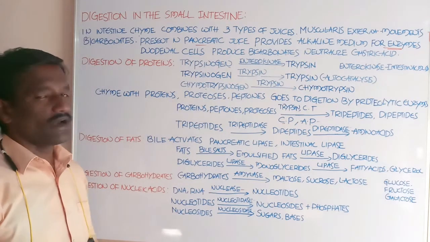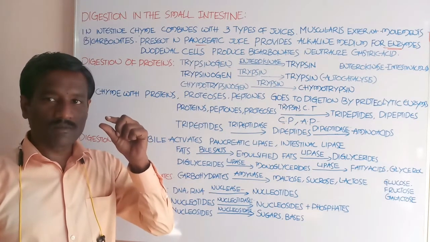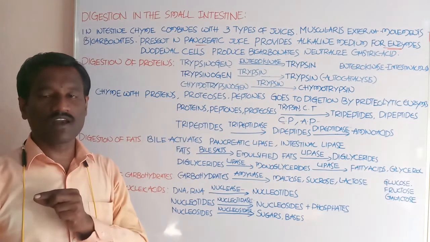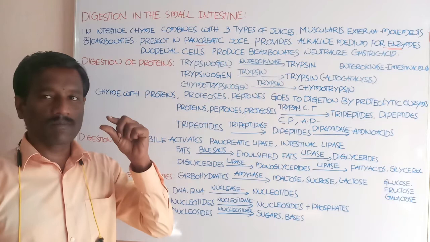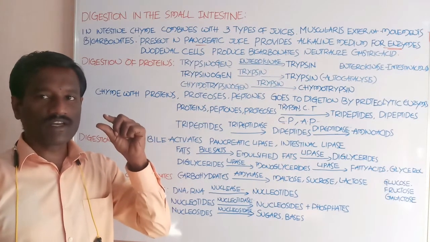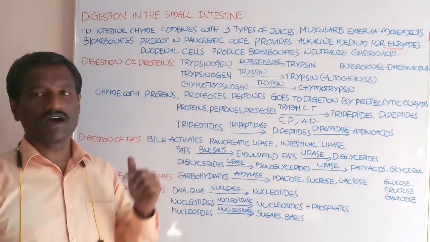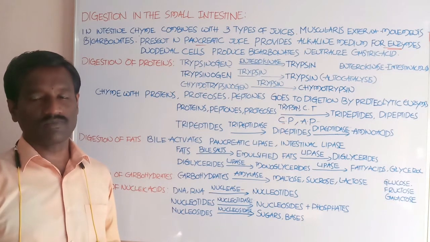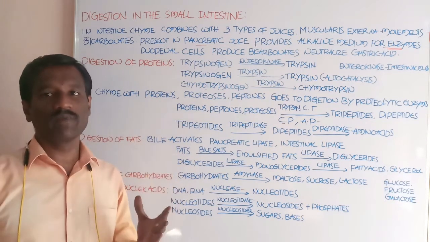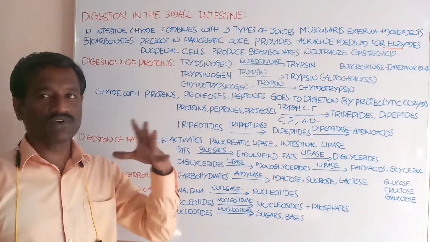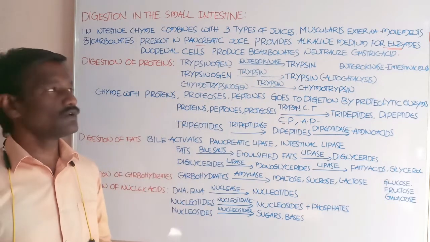Food passes through the lumen of the small intestine, and because of the peristaltic movements by the wall of the small intestine, the muscularis externus shows the movement, and at that time food is mixed with the three types of juices.